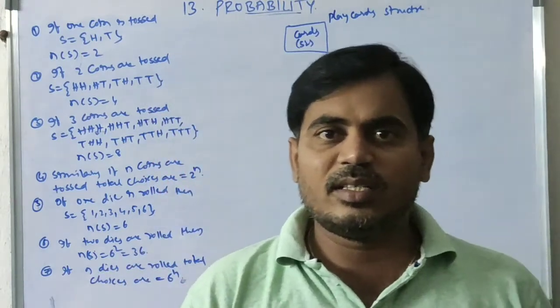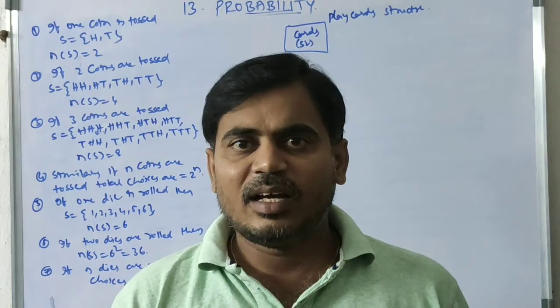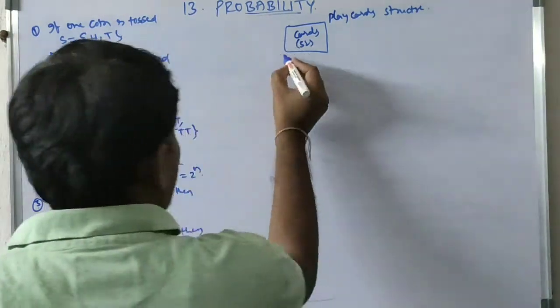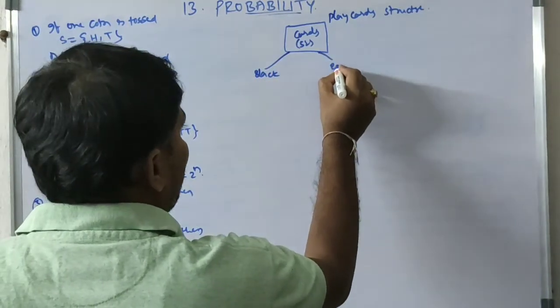In 52 cards, half of the cards are black color, half of the cards are red color. So black cards 26, red cards 26.